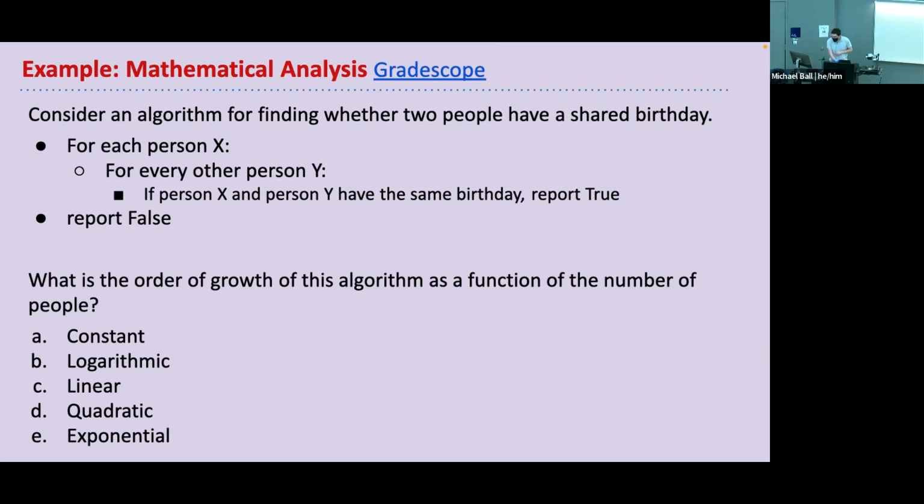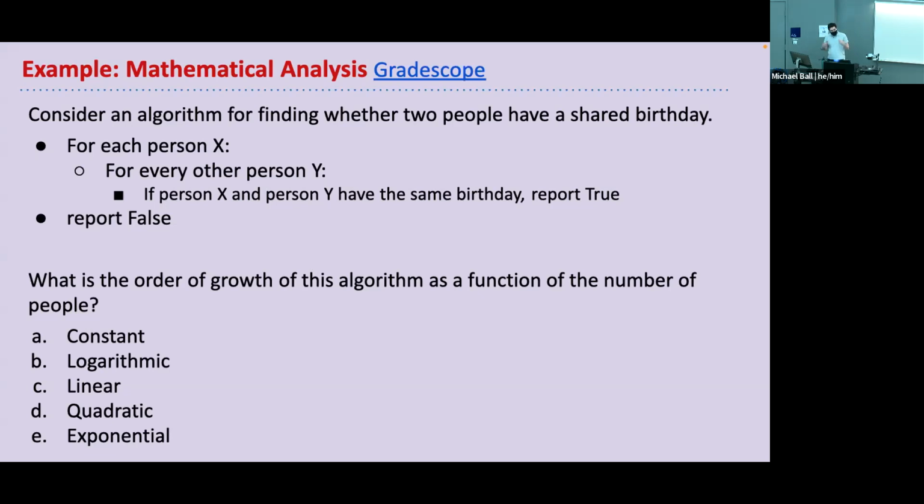So question 6 is asking us to consider an algorithm where we're finding if 2 people, let's say in some list of people in the room, have a shared birthday. For each person in the room, we're going to then go over each other person in the room and say, if person X and person Y have the same birthday, we report true.